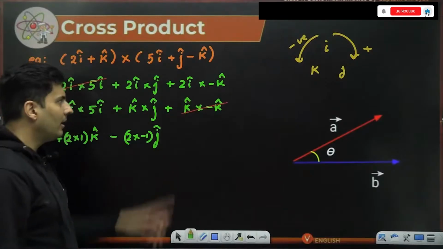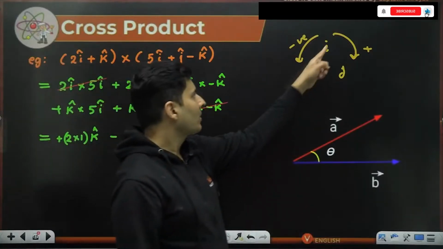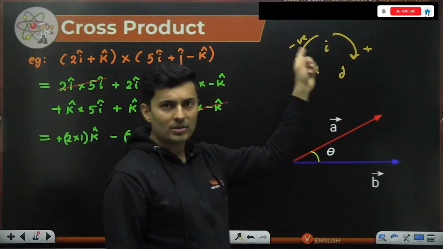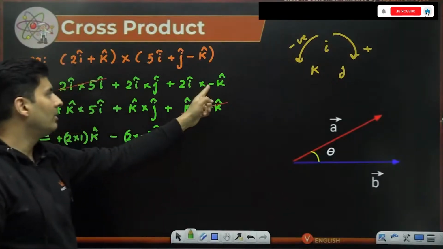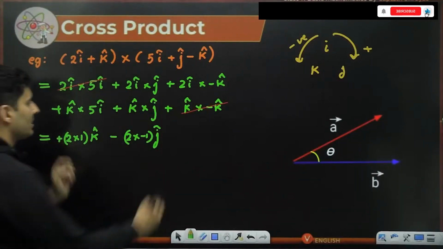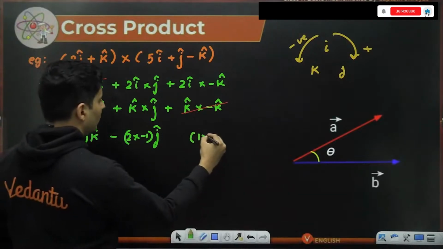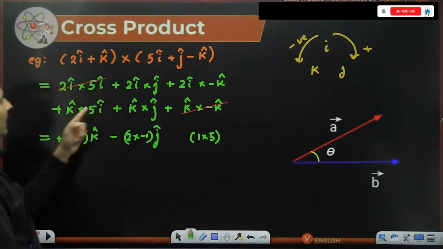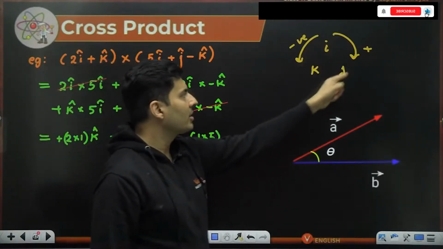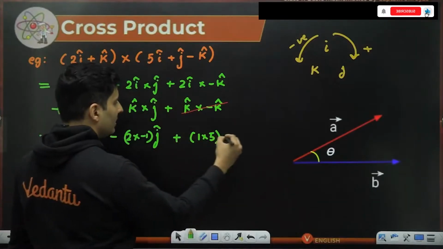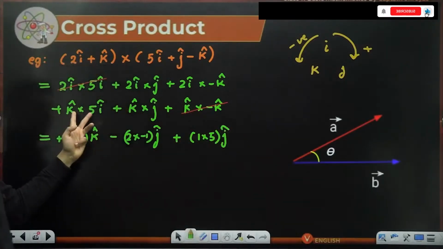Okay, is this clear? 2i into minus k. i into k is anti-clockwise, so negative j cap will come for this guy. What about this? 1 into 5. k into i is clockwise, so positive j cap. That is for this guy.